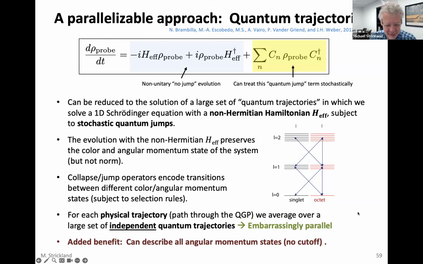If you have 1,000 computers, you can run it 1,000 times faster. It scales perfectly. That was the breakthrough in 2020: we stole this idea from other people. They usually didn't apply it to situations with such large Hilbert spaces, but we did.